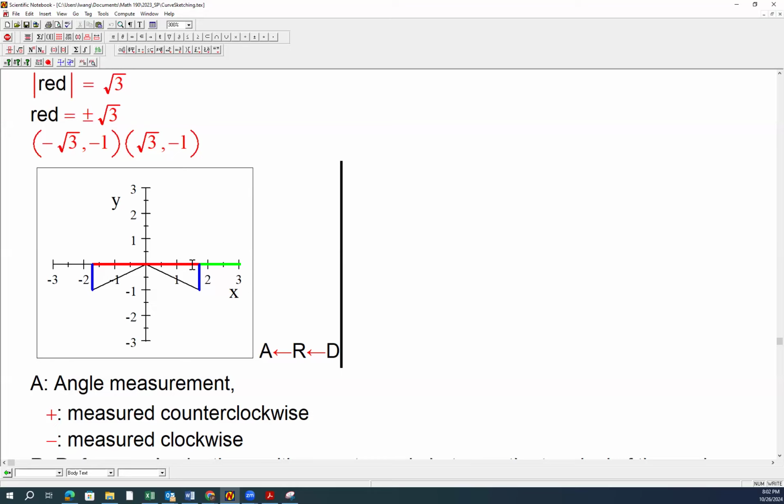If we measure, in this case, we want to measure counterclockwise consistently, at least for a few situations. So we measure from here, counterclockwise. Okay, so we got some X values.